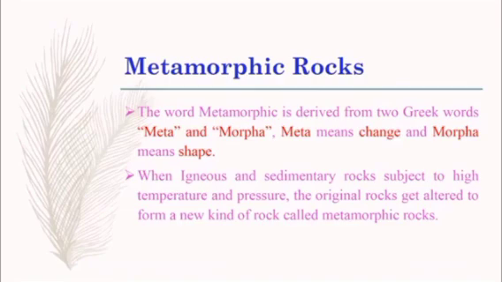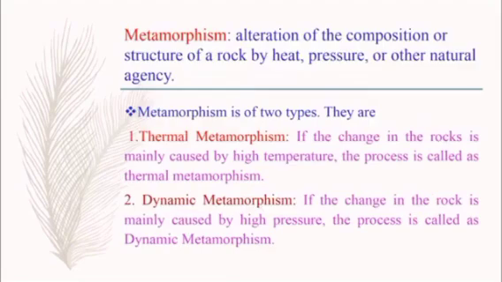When igneous and sedimentary rocks are subjected to high temperature and pressure, the original rocks get altered to form a new kind of rock called metamorphic rocks. Now we are going to learn about metamorphism. Metamorphism means alteration of the composition or structure of a rock by heat, pressure or other natural agency.